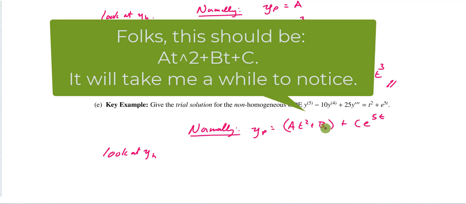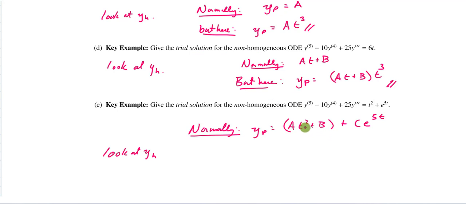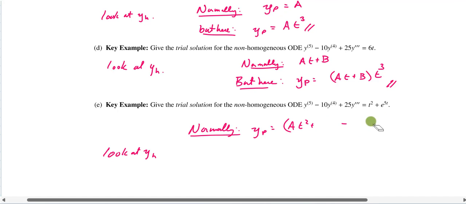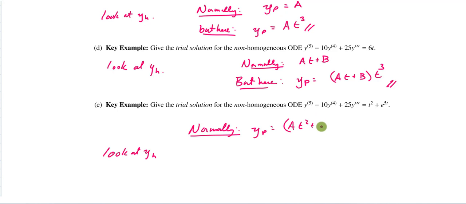I have a mistake here, folks. This should say at squared plus bt plus c. Let me fix that real quick. So here I'm going to have to multiply everything by a factor of t cubed to make sure everything clears.